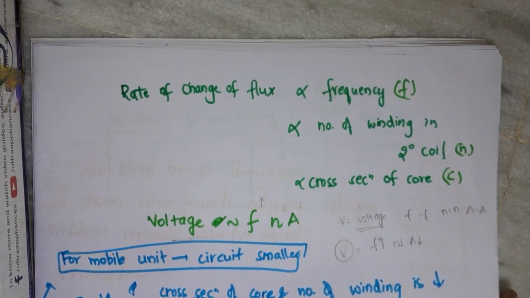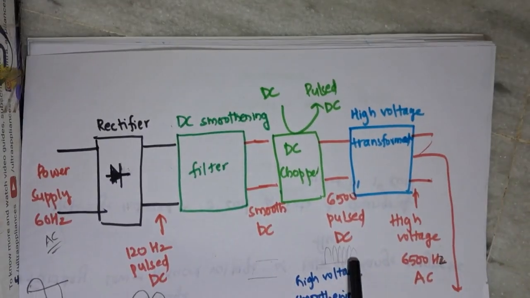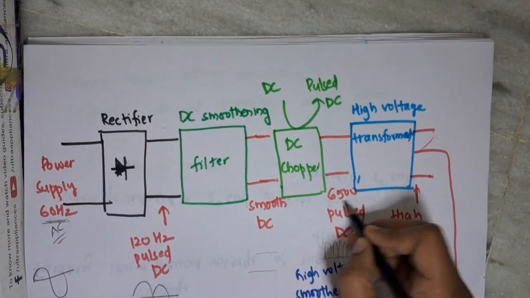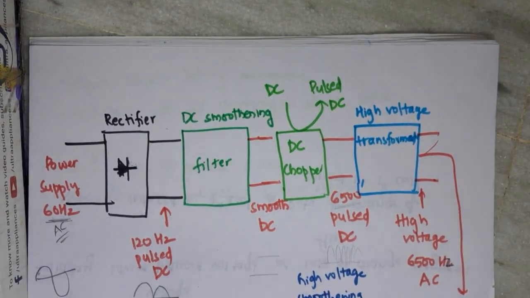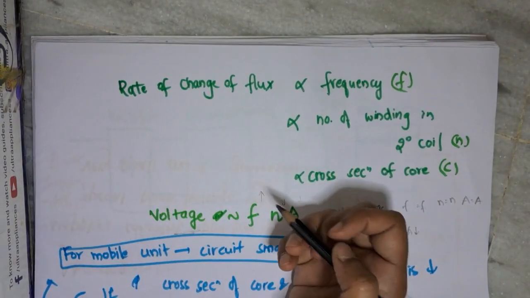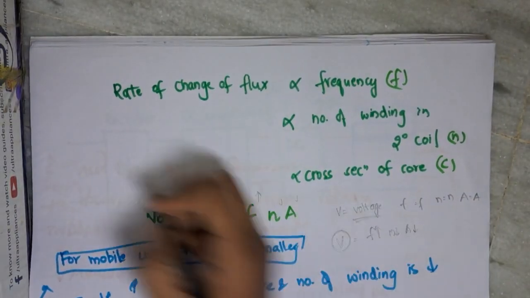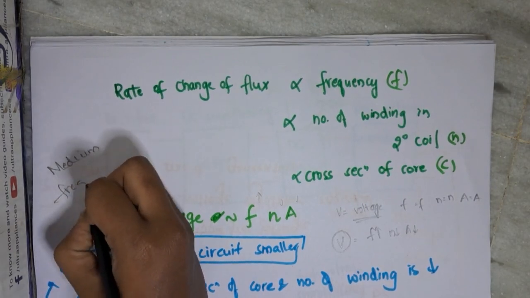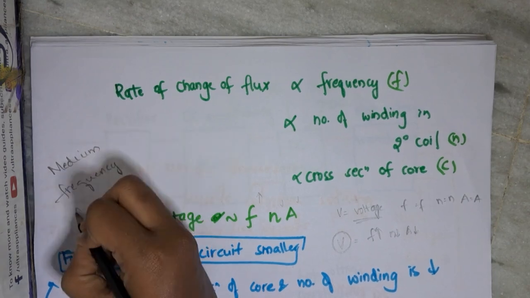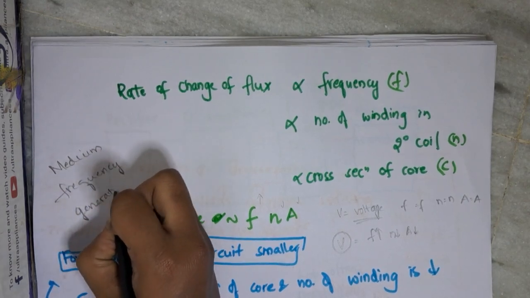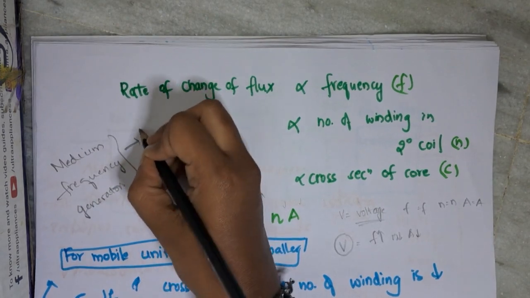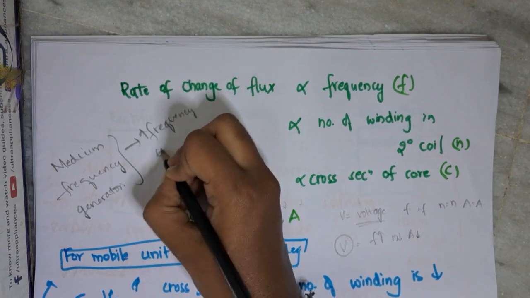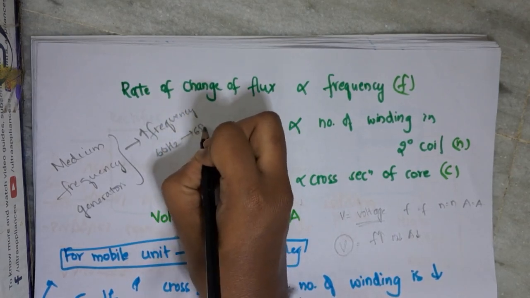So that means, what is this medium frequency generator doing? The medium frequency generator is increasing the frequency from 60 Hz to 6500 Hz. So with the help of this medium frequency generator, we are increasing the frequency from 60 Hz to 6500 Hz.